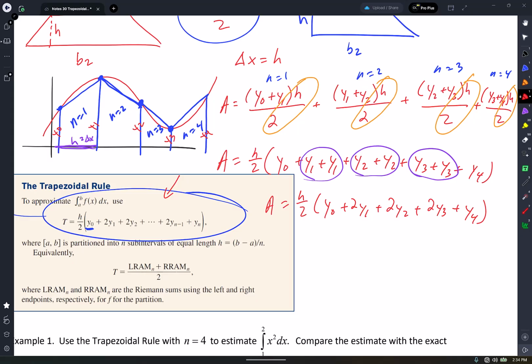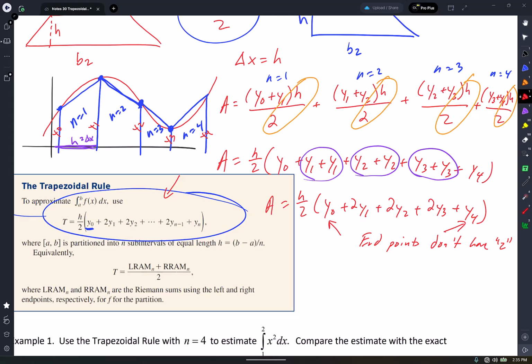The only y's that don't have a coefficient of 2 in the front are your endpoints. Do we notice that, guys?